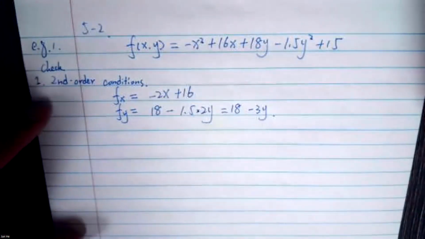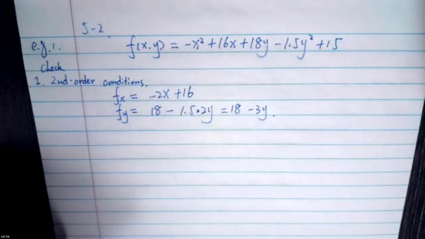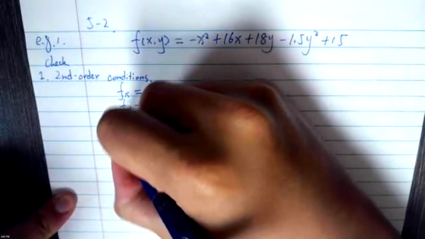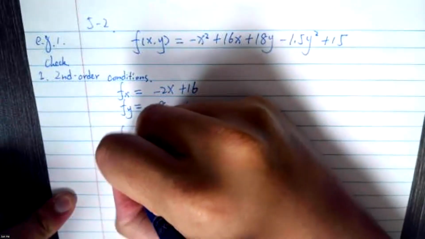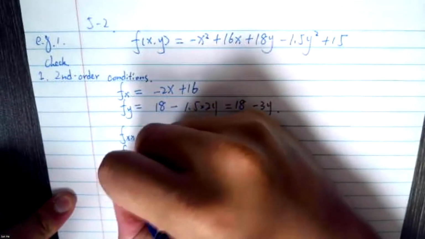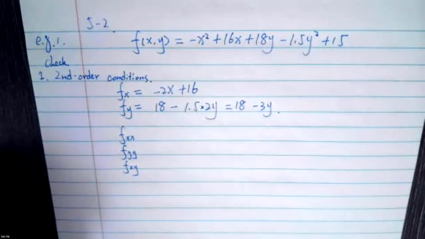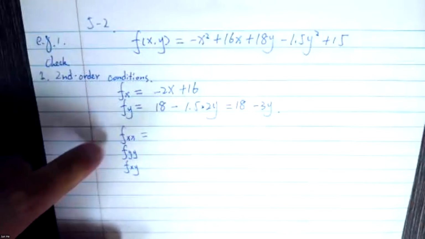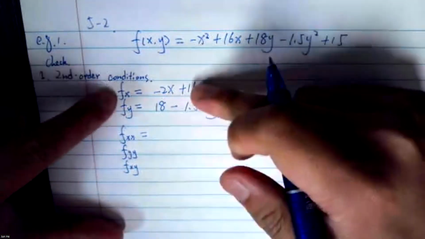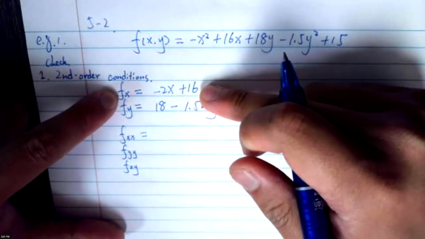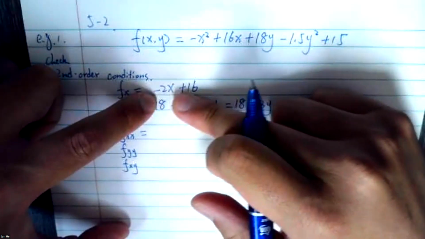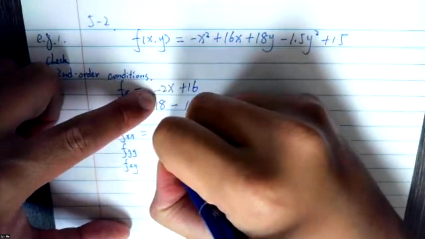Okay, then our goal is to check second order conditions, so we are to find second order derivatives. There are 3 possible combinations. One is f_xx, partial on x and then partial on x. We take f partial x and take another derivative with respect to x, which is minus 2.